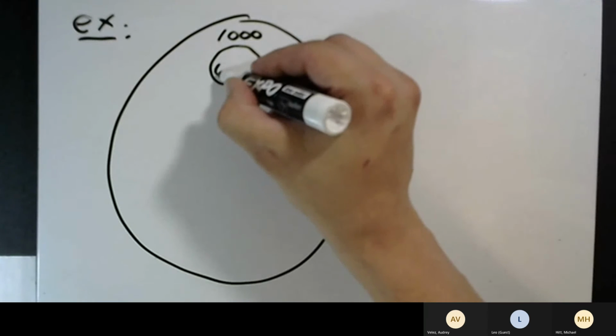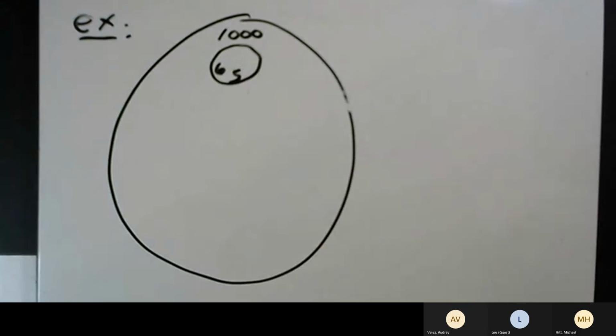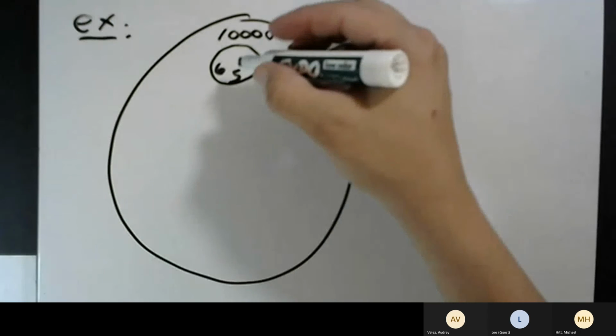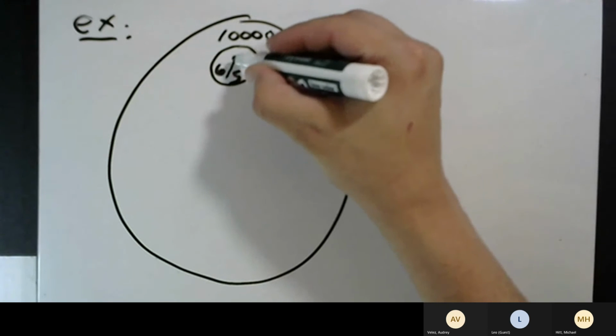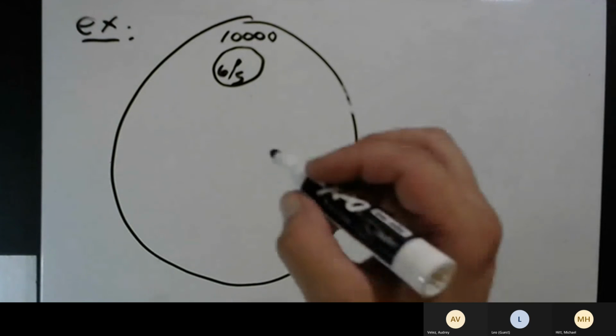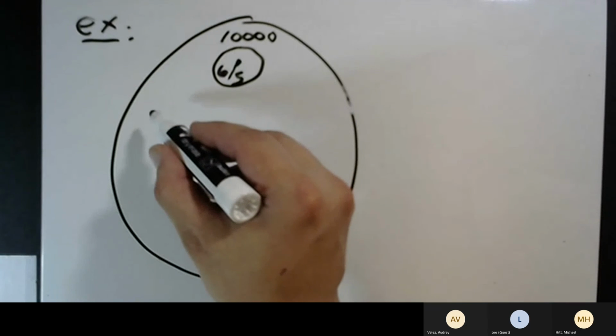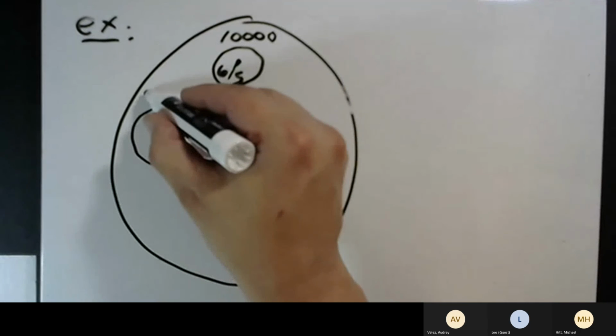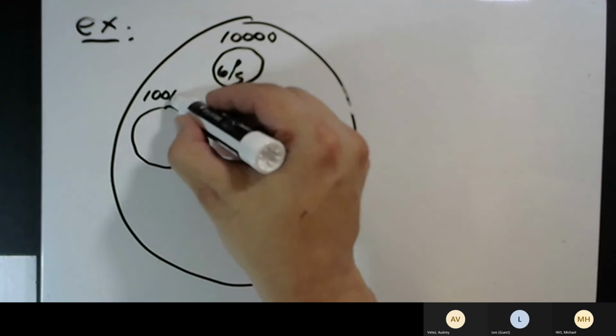And let's say we have 6, 5, let's make this 10,000. And we've got our needle between the 6 and the 5. Now let's say here, another one, I'll make this 100,000.